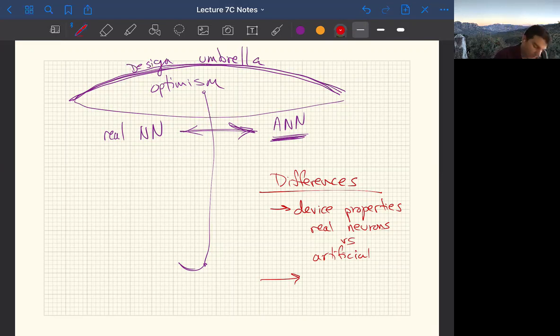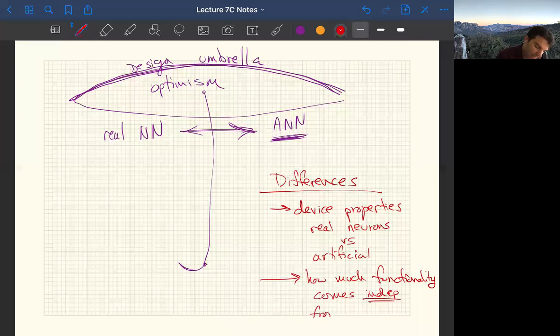So the question is, how much functionality comes independently from the network? And I don't think we have a good answer for that.